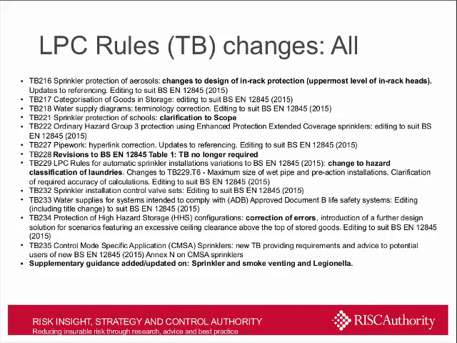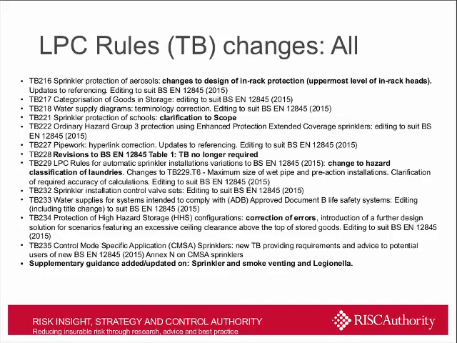TB 228, revision of BS EN 12845 Table 1. Well, CEN have actually corrected that Table 1, so this TB is no longer required. In TB 229, we have corrected the hazard classification of laundries.